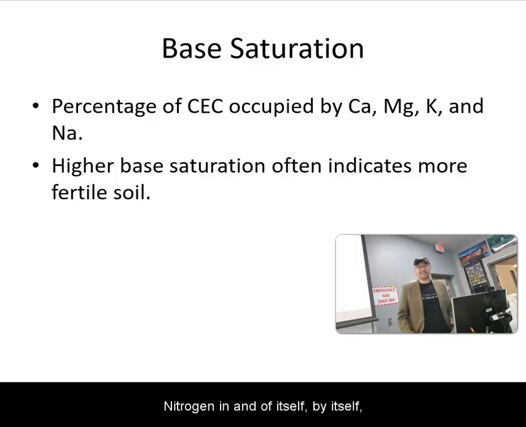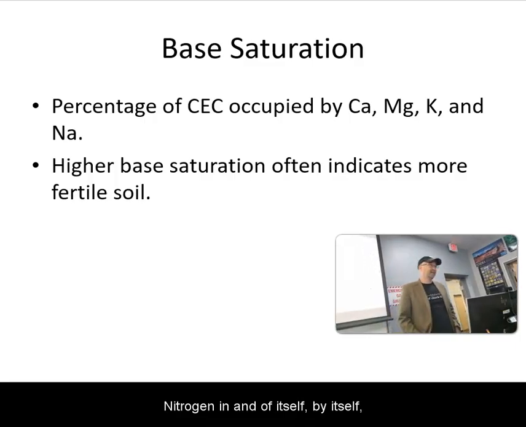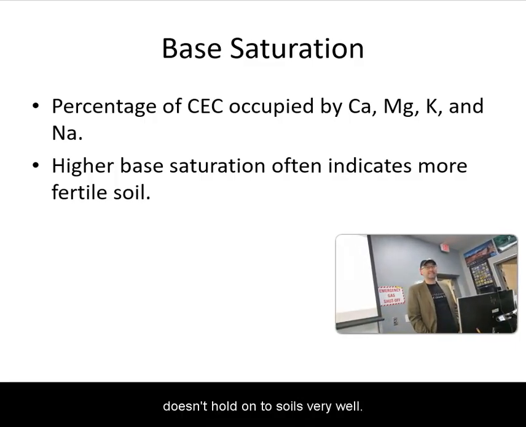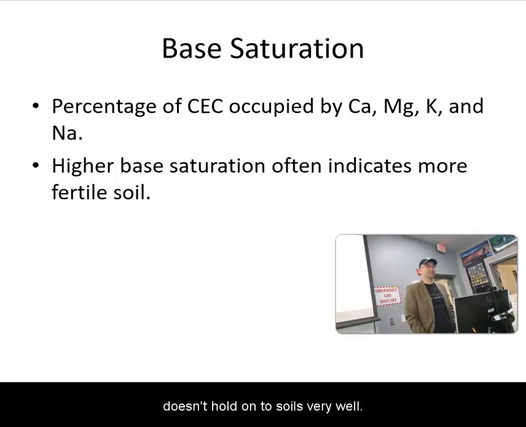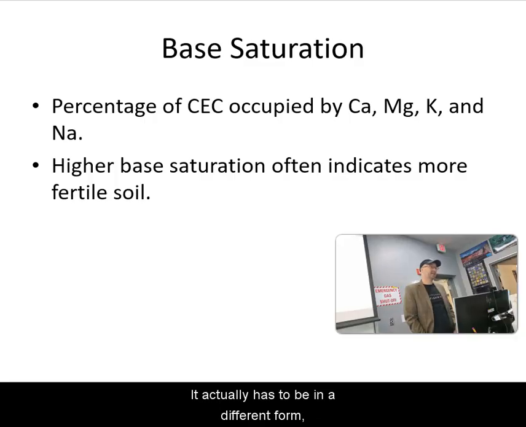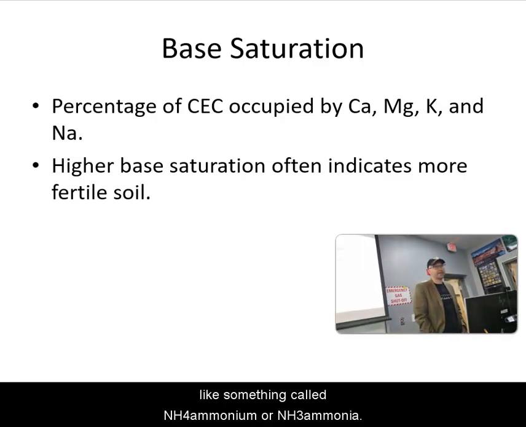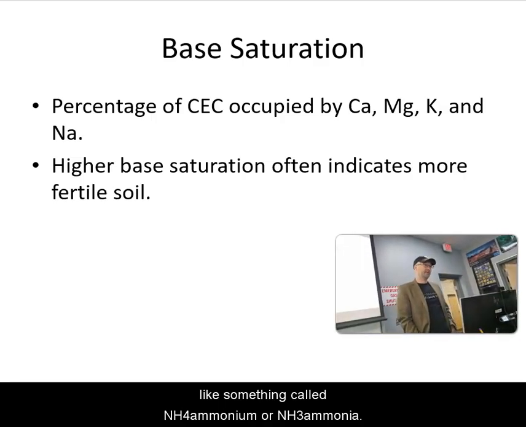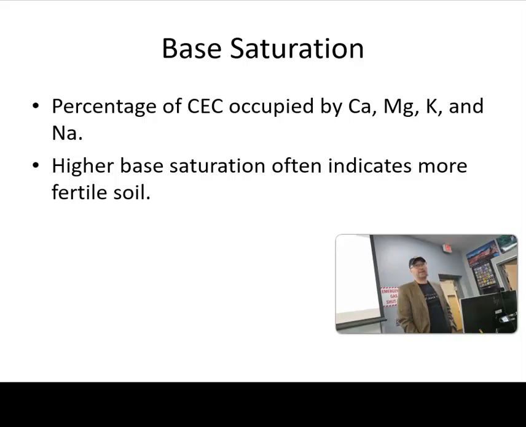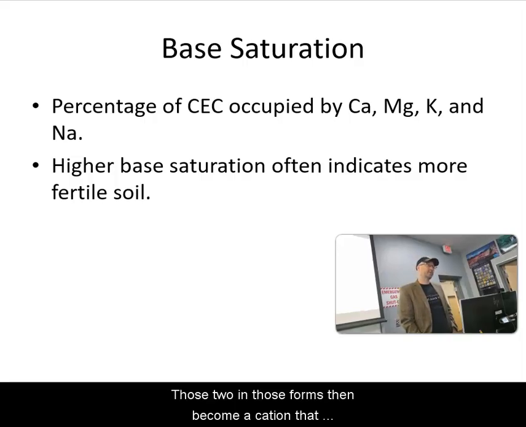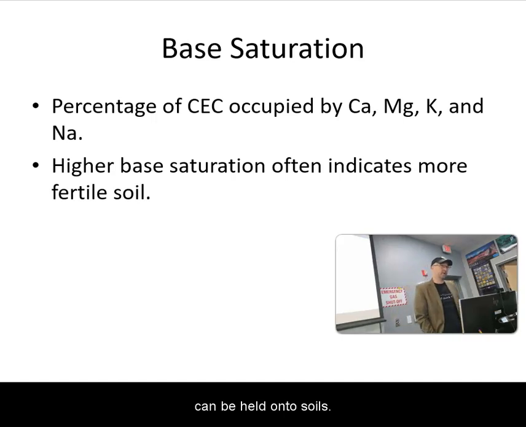Nitrogen in and of itself doesn't hold on to soils very well. It actually has to be in a different form, like NH4 ammonium, or NH3 ammonia. Those two in those forms then become a cation that can be held onto soils.